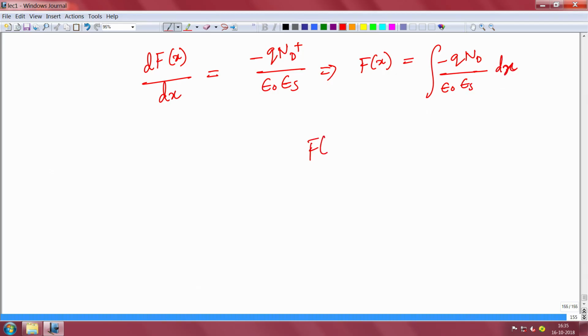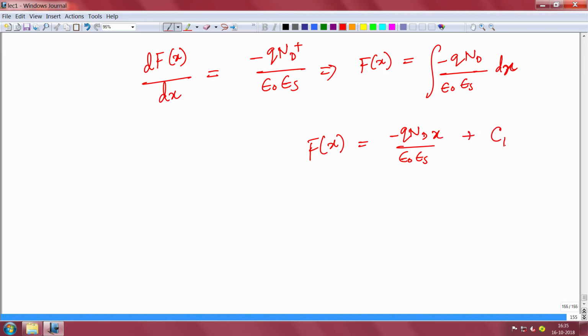So, the field will now be equal to minus q Nd by epsilon naught epsilon s into x plus some constant C1.